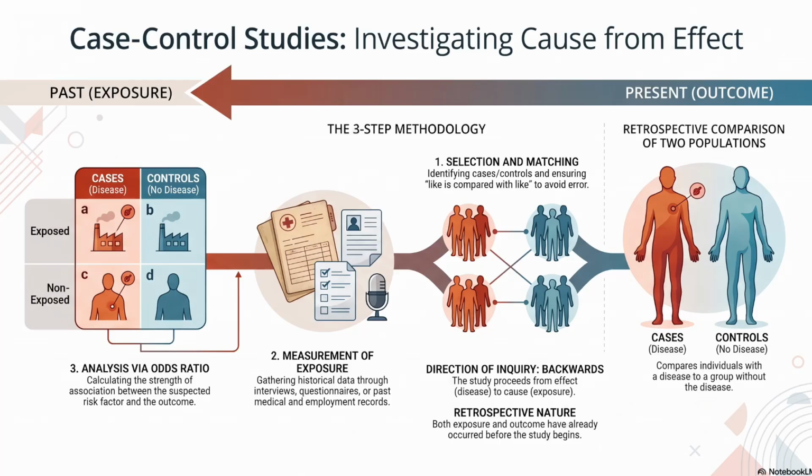The main measure of association is the odds ratio, calculated as AD divided by BC. Case control studies are ideal for rare diseases, relatively inexpensive and efficient, but they are vulnerable to recall bias, selection bias, and confounding. Most importantly, remember this simple rule. Case control studies start with the effect and look backward for the cause.